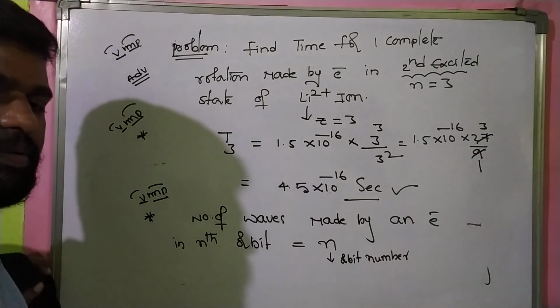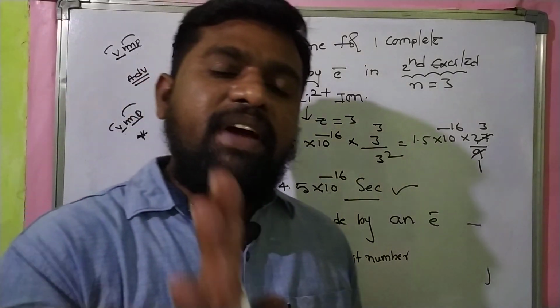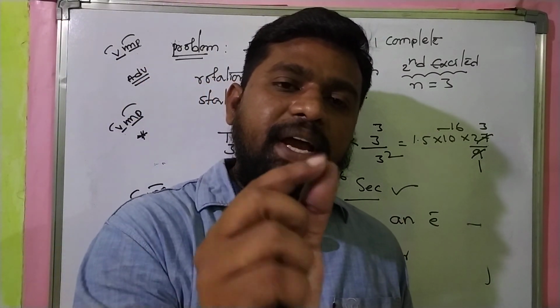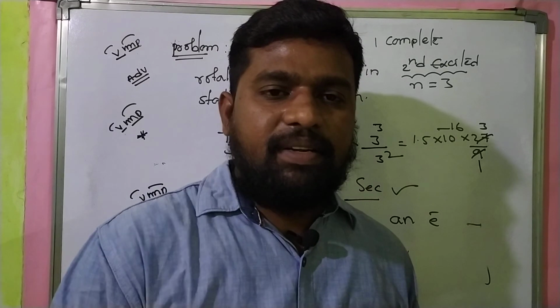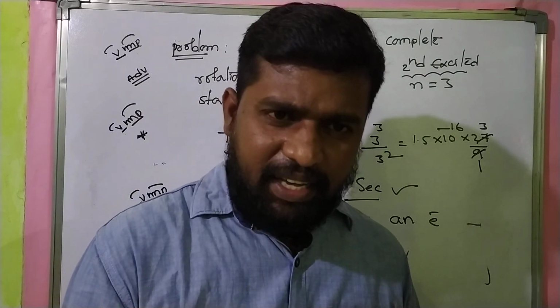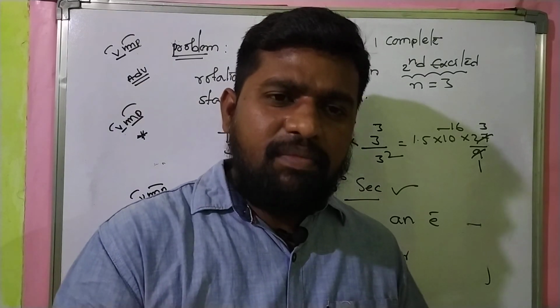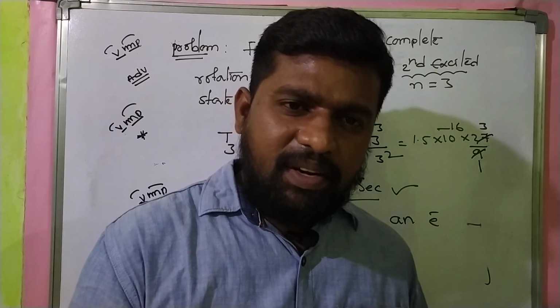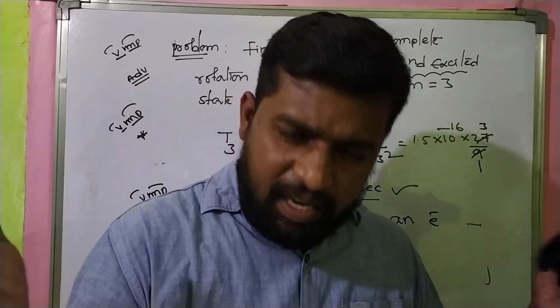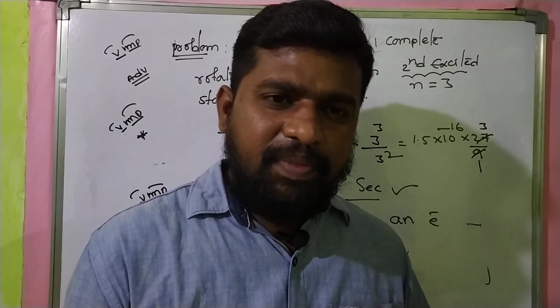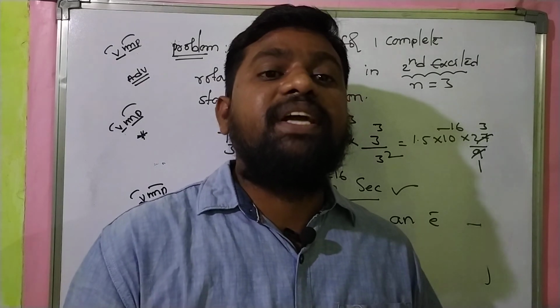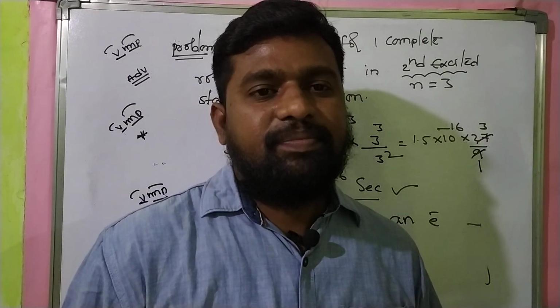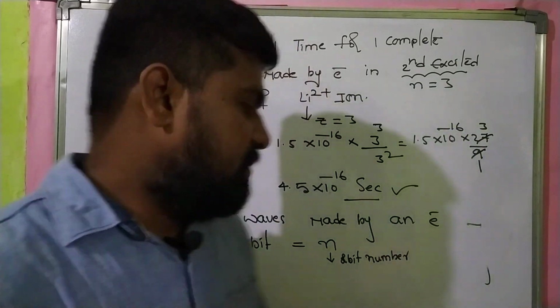For example, how many waves are made by an electron in the third orbit? 3. Understand? The number of waves made by the electron equals the orbit number. Very easy, don't get confused. Most students make mistakes here, but it is very easy.